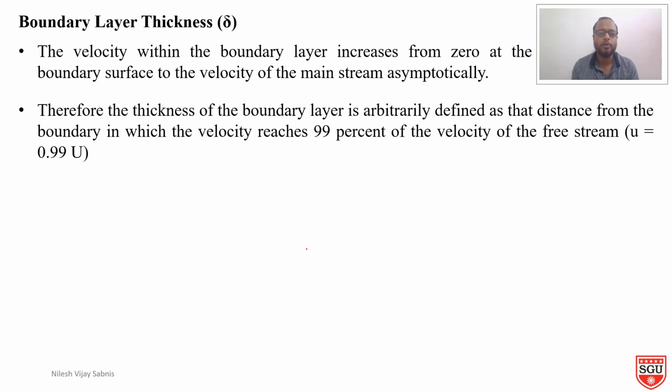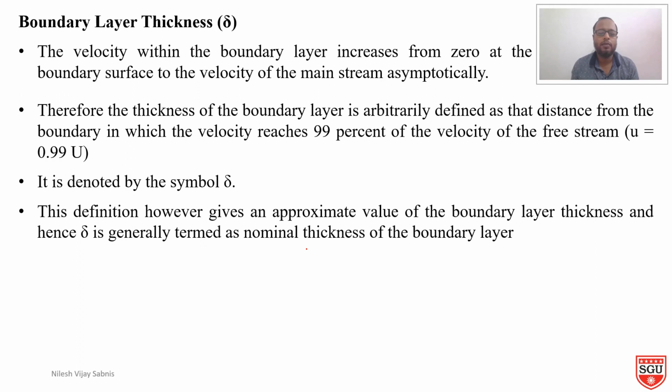Small u is equal to 0.99 capital U. It is denoted by the symbol delta. The definition, however, gives only an approximate value of boundary layer thickness, and hence delta is generally termed the nominal thickness of a boundary layer.